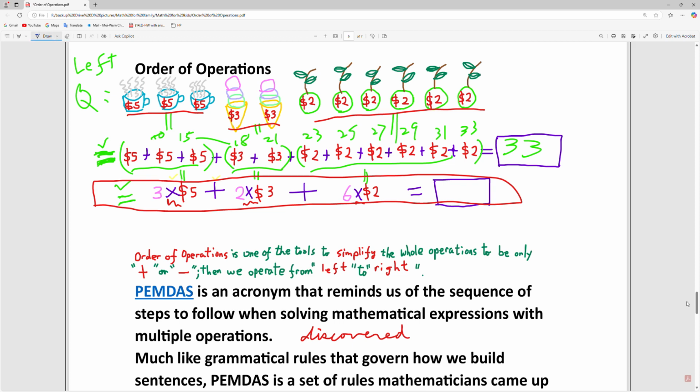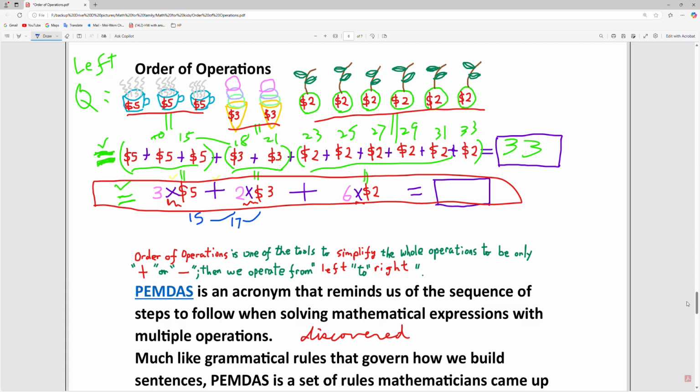Wow, then what happens? From left to right, 3 times 5, and then you need to plus 2, right? So 3 times 5 is 15, plus 2 is 17.